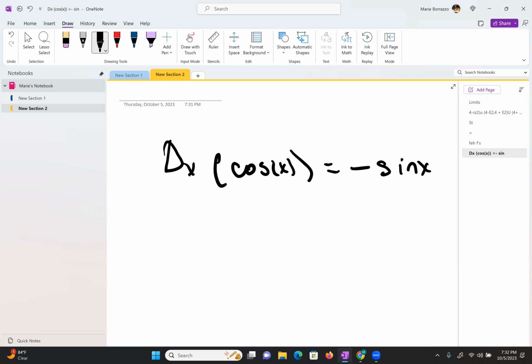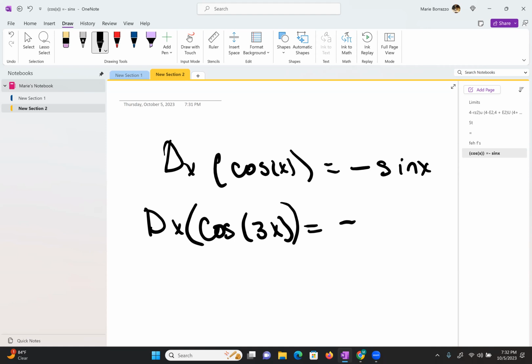An example of how we would use that: if I ask you, what is the derivative of cosine 3x, what would be your answer? I think we already did this one. This is going to be -3 sine 3x.